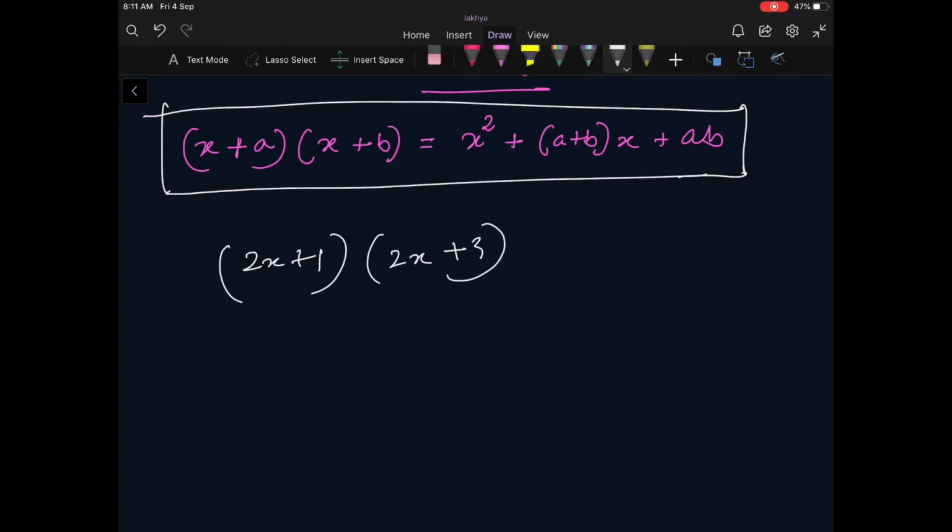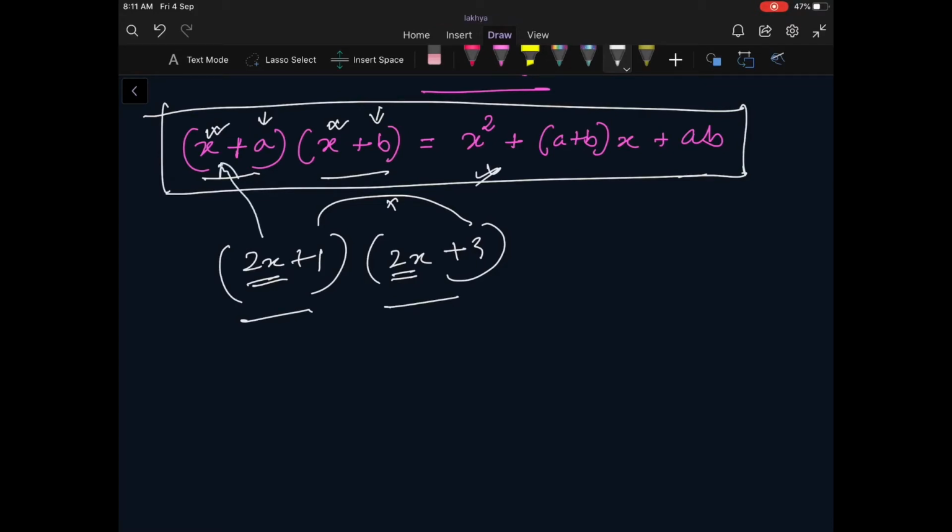If you check the pattern here, in this identity the first terms are same in both the polynomials, and the second terms are different. Here also the first terms are same in both the polynomials and the second terms are different. In this case you can apply this identity.